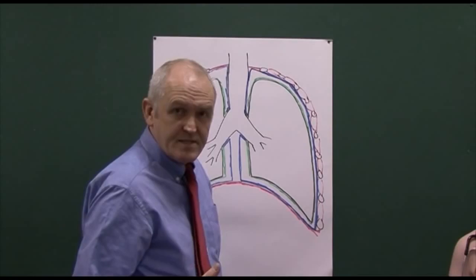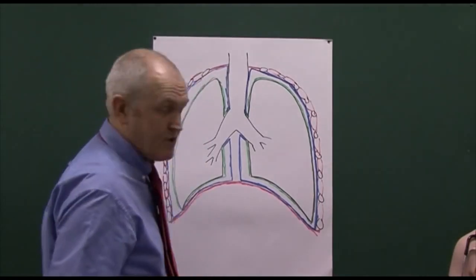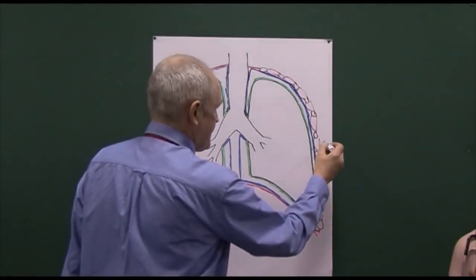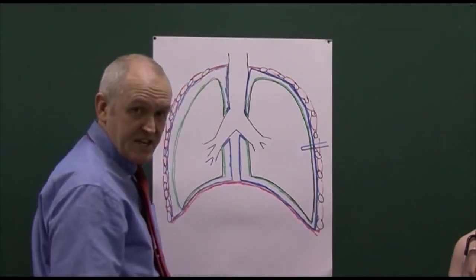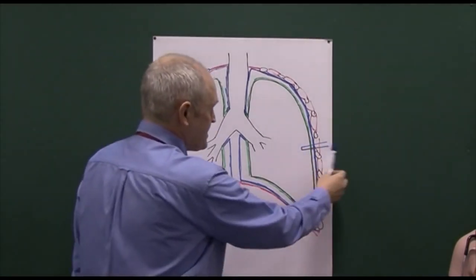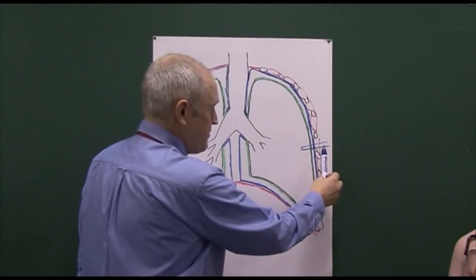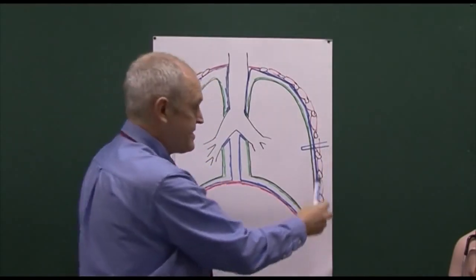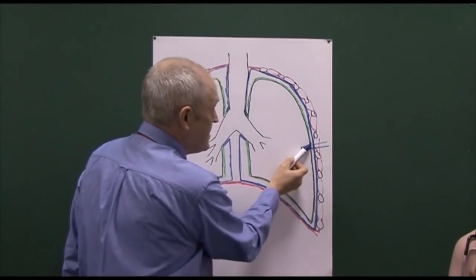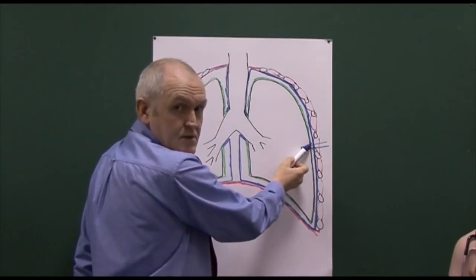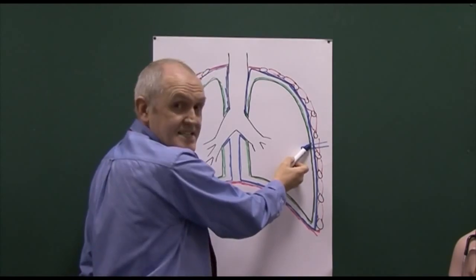Someone could get stabbed, impaled, or shot in the chest. So there's a knife there sticking into the chest. And when that's pulled out, that means there's going to be a communication between the air in the outside and the potential pleural space. Air's going to get into it.